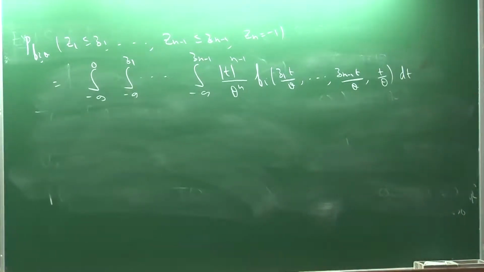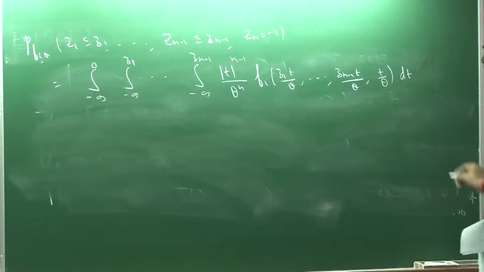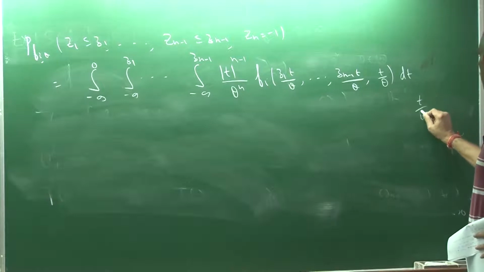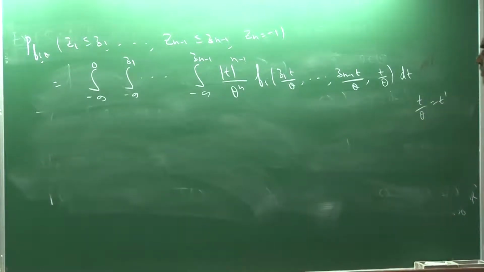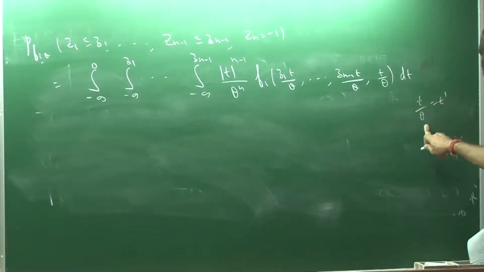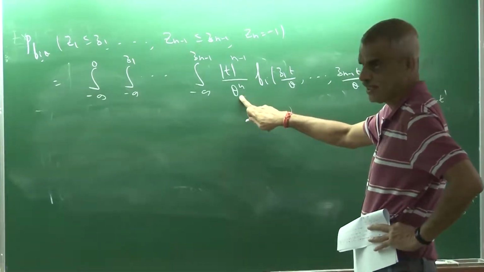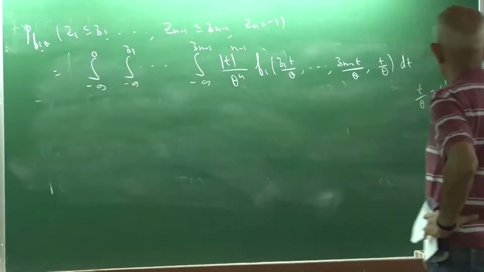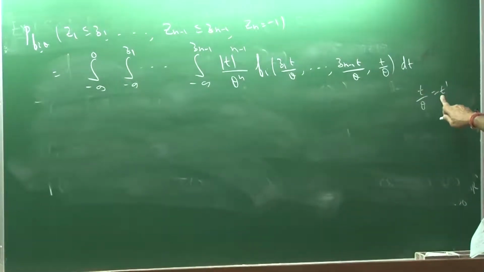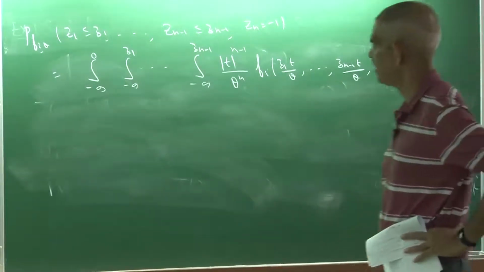If you want, I can make the transformation t by theta equal to t prime. Then dt by d theta would go in the Jacobian. So here theta to the power n minus 1 would be left, because 1 by theta would go in the Jacobian. Then it is mod of t by theta to the power n minus 1, so that would be mod of t prime to the power n minus 1.